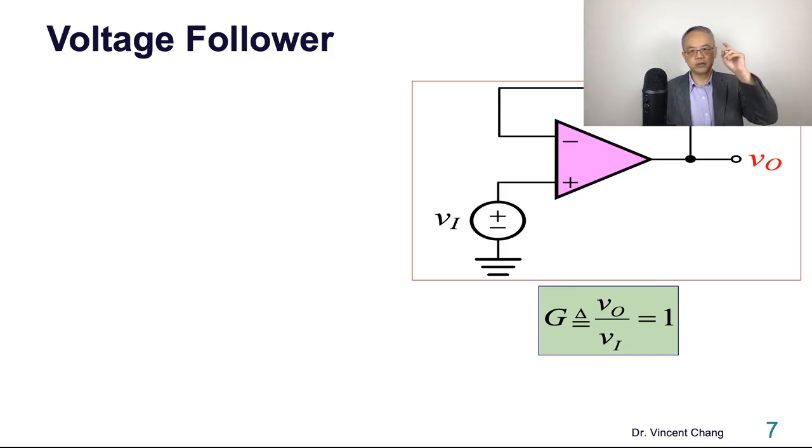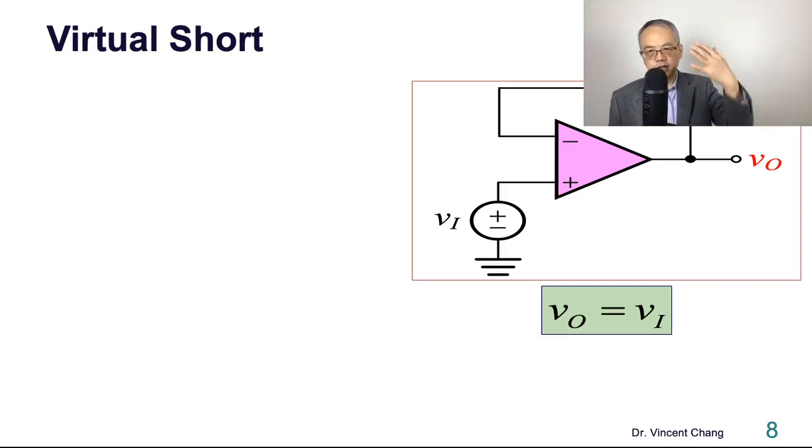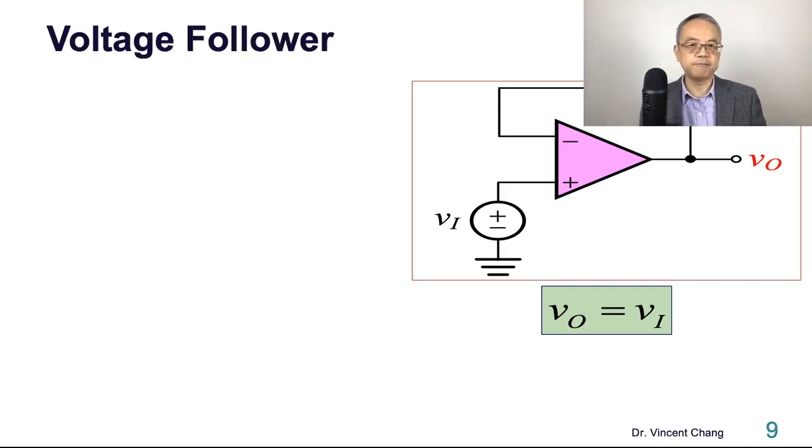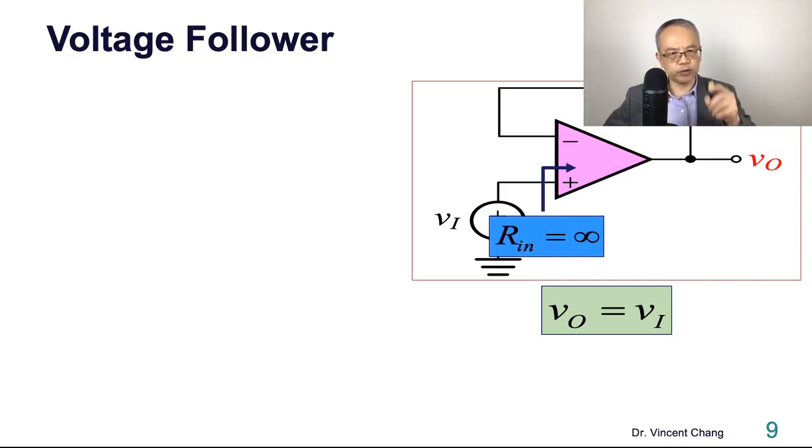The ratio of VO and VI will be equal to 1. So this is the outcome: VO equals VI.